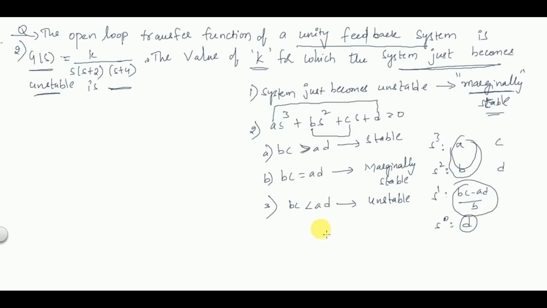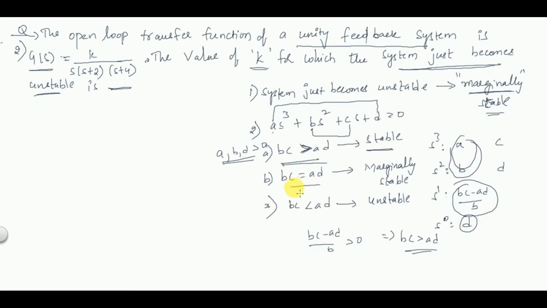So if BC minus AD by B is greater than 0, what will be the condition? BC is greater than AD. So that is what I have written here. If A, B, D are positive, and BC is greater than AD, then the system is said to be stable.